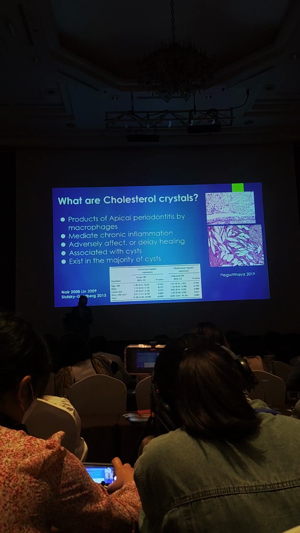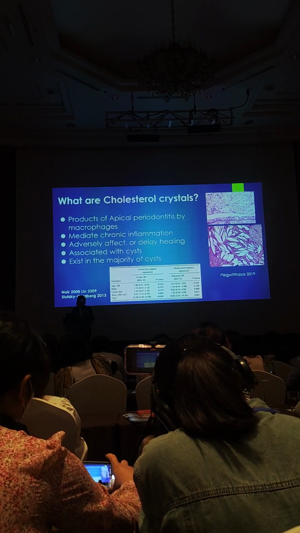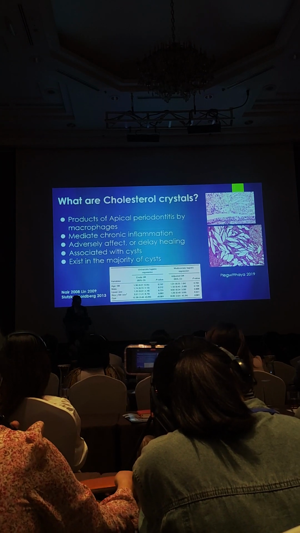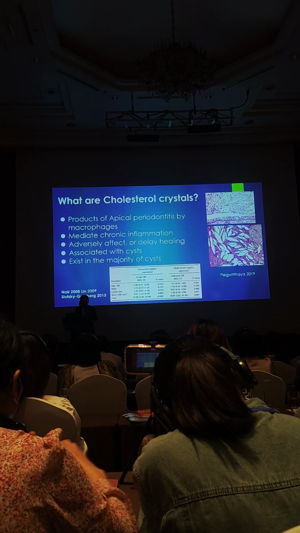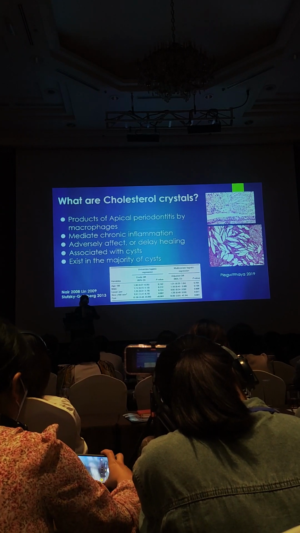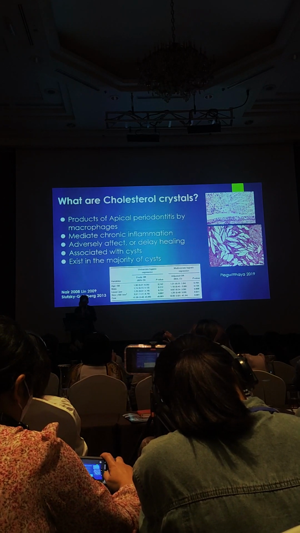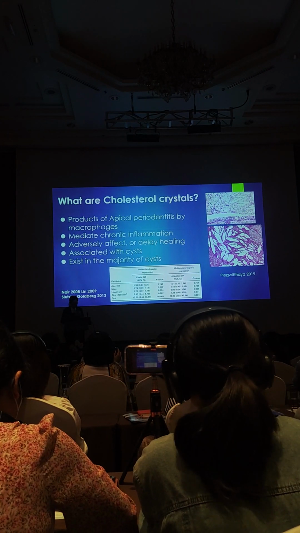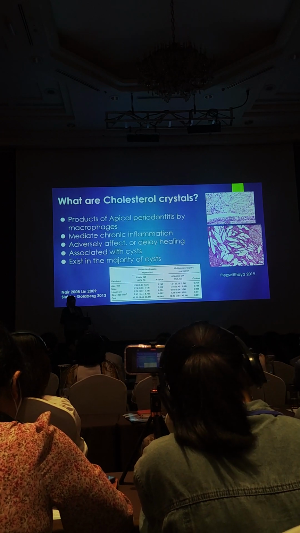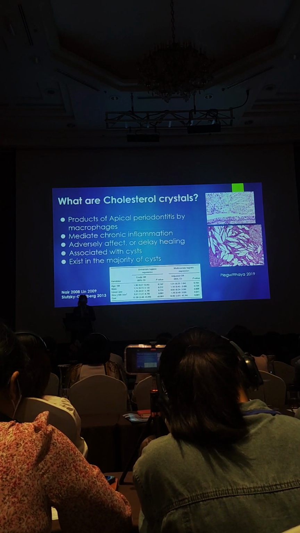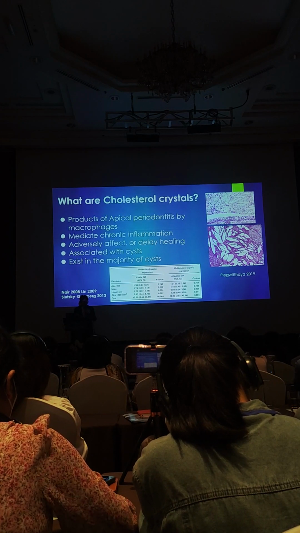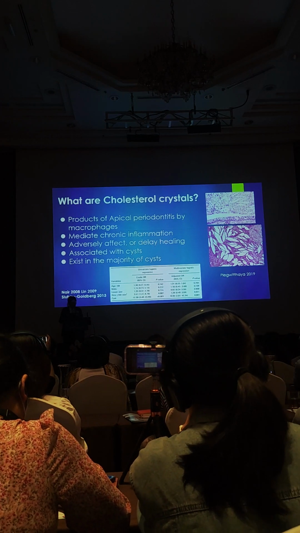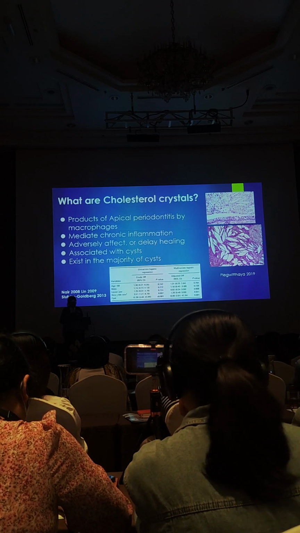Why do you have cholesterol crystals in the lesion? You will have cholesterol crystals brought by macrophages, because macrophages collect cholesterol and bring it to the lesion, the periapical lesion. That's why you have lots of cholesterol crystals inside the lesions. And the cholesterol crystals mediate chronic inflammation, and it will adversely affect or delay healing.